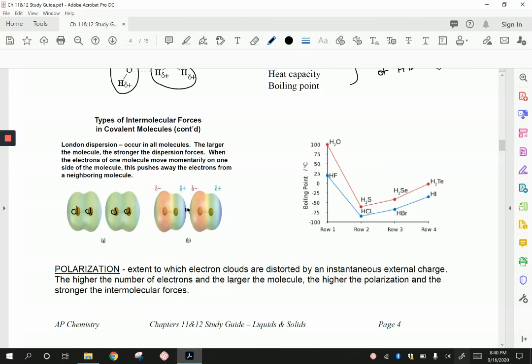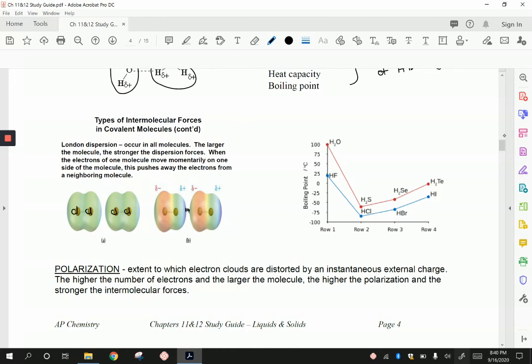The molecules that are a little bit larger with bigger electron clouds, like more electrons, would have a stronger London dispersion than the smaller ones with a lower number of electrons. The reason is because if it's larger and has more electrons, you are more likely to have that uneven distribution. When you do, you have more electrons to make it a bigger partial negative and partial positive.